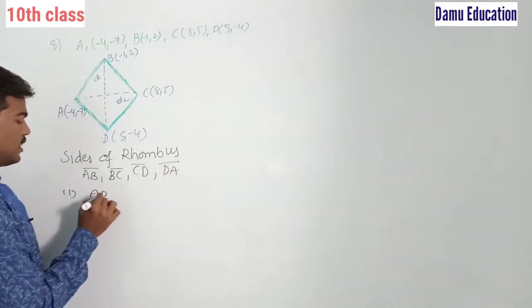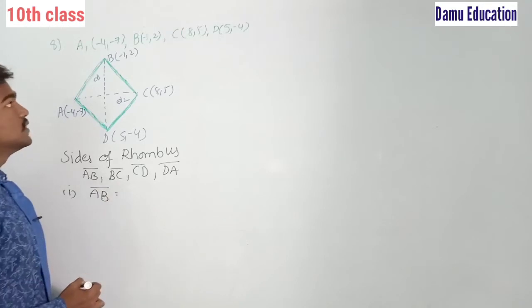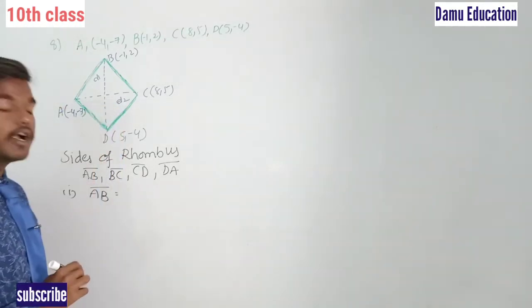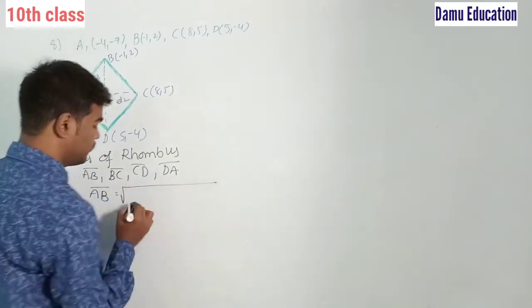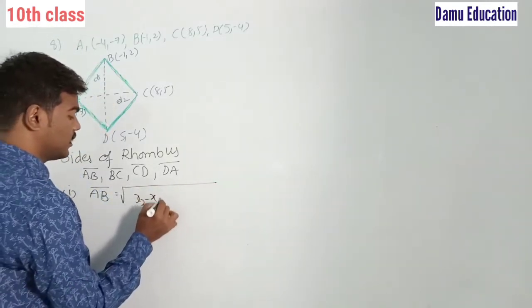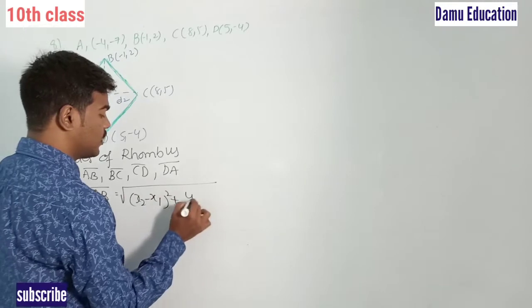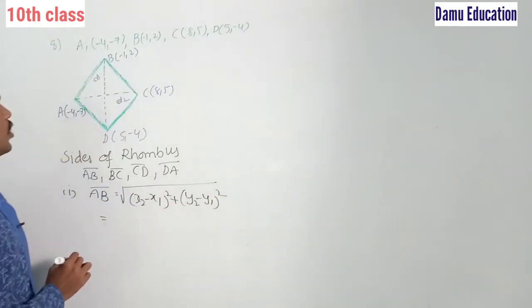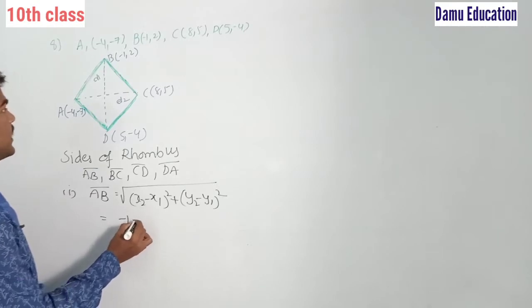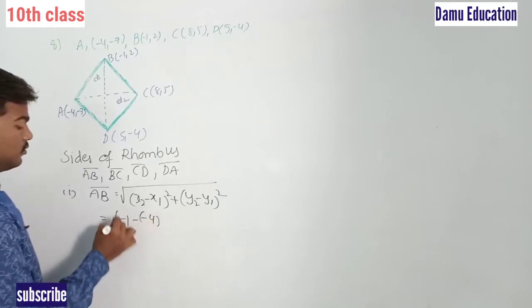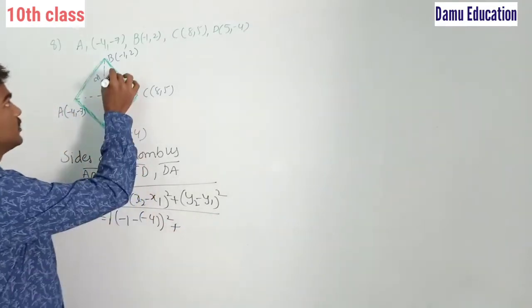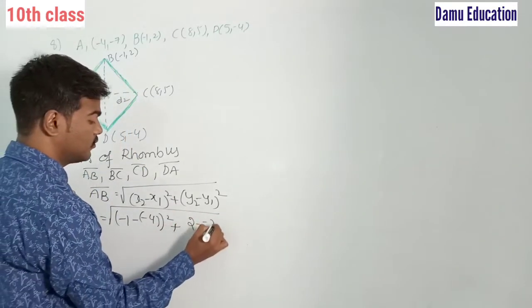Let's take the AB length. We know the distance formula for two points: square root of x2 minus x1 whole square plus y2 minus y1 whole square. So x2 is minus 1, x1 is minus 4, and y2 is 2, y1 is minus 7.